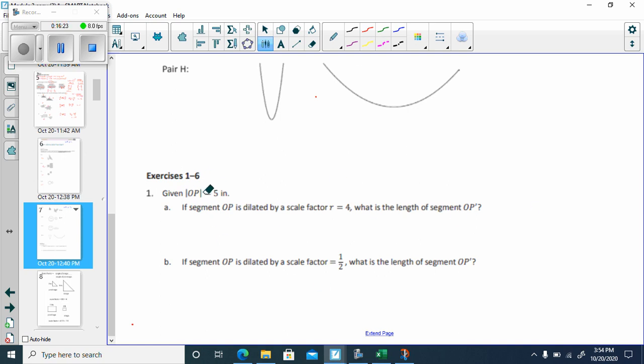Given line segment OP is 5 inches. So if you're looking at line segment OP, from here to here, it's 5 inches long, okay? If it's dilated by a scale factor of 4, what's the length of OP prime? This would be my image because it's got the P prime on it.